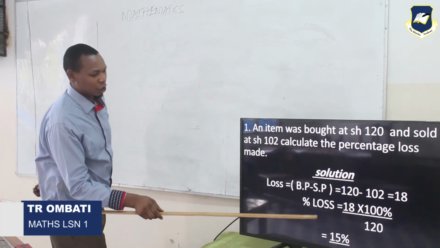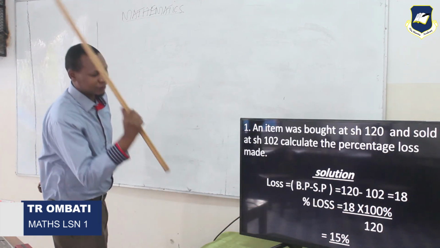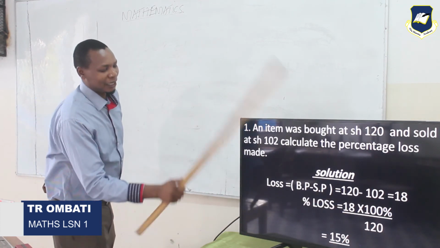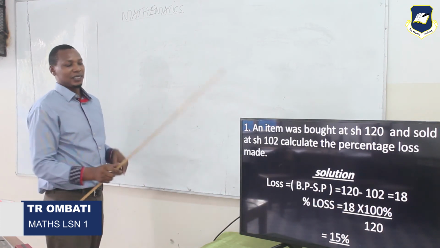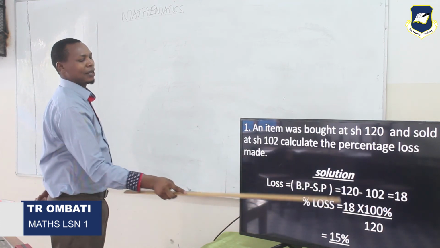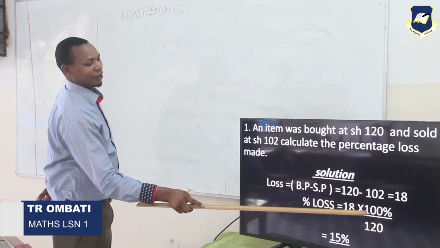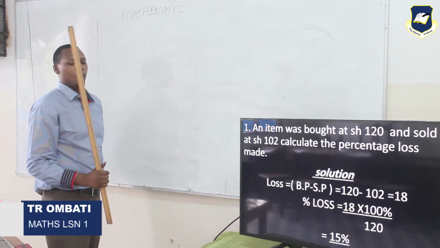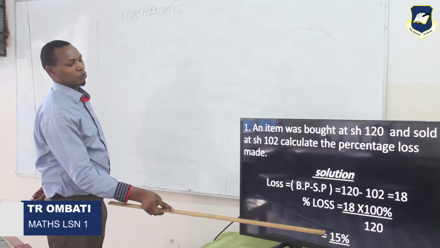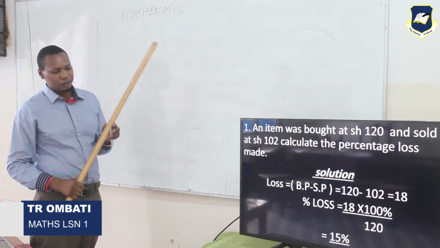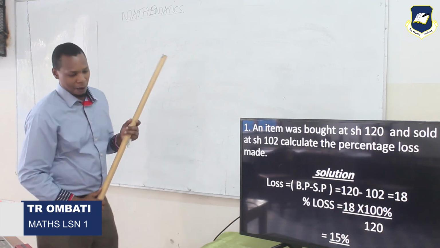In our case, our loss was 18 shillings, that is 18 multiplied by 100%, then all of that divided by 120, you are able to get a 15% loss. Our percentage loss was 15%.